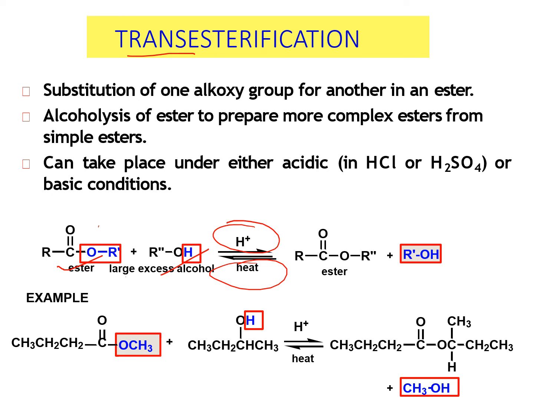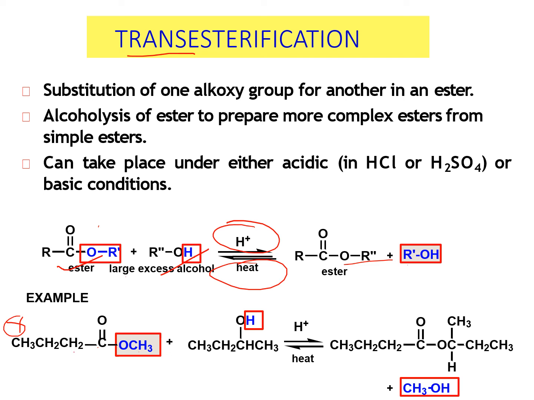So what happens? The OR prime here will react with the hydrogen from the alcohol to form R prime OH. The R2 prime O will replace the O prime. Do you understand? Can you differentiate? Let's give a new example. First you have methyl 1, 2, 3, 4, butanoate.